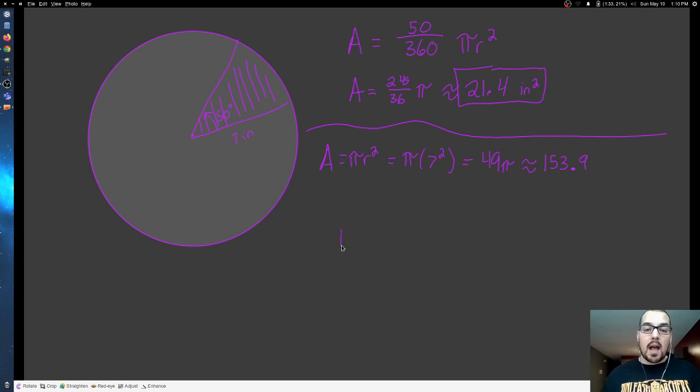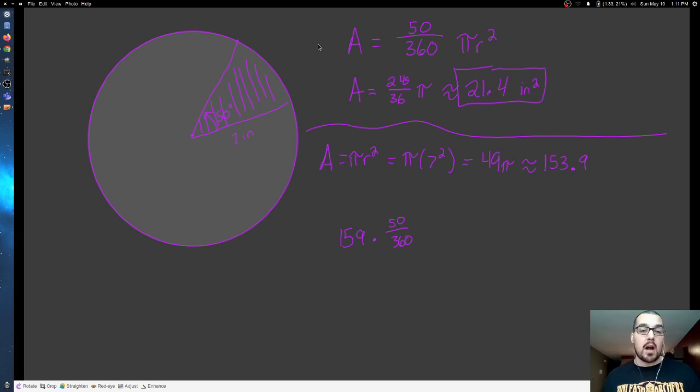Let me multiply that number by the portion of the circle I have, 50 over 360. That's exactly what I did up here. And it shouldn't be any surprise that I get the same exact number as before, 21.38. Area of a sector is that simple. What's the area of the full circle? Multiply it by the portion you have.